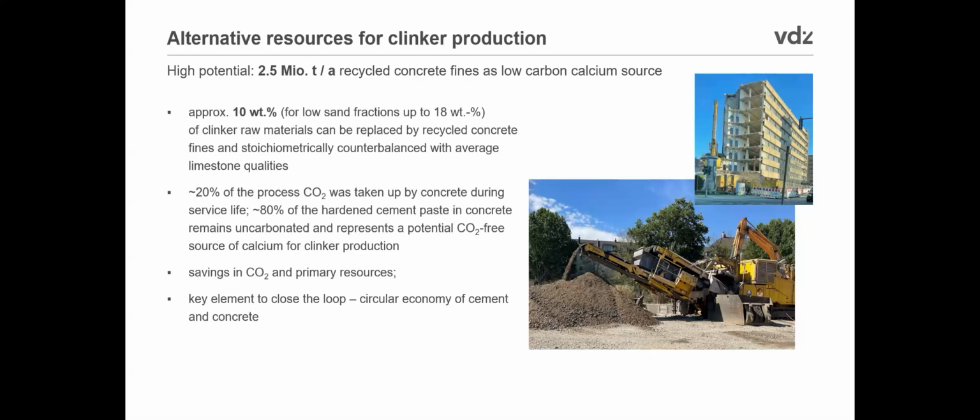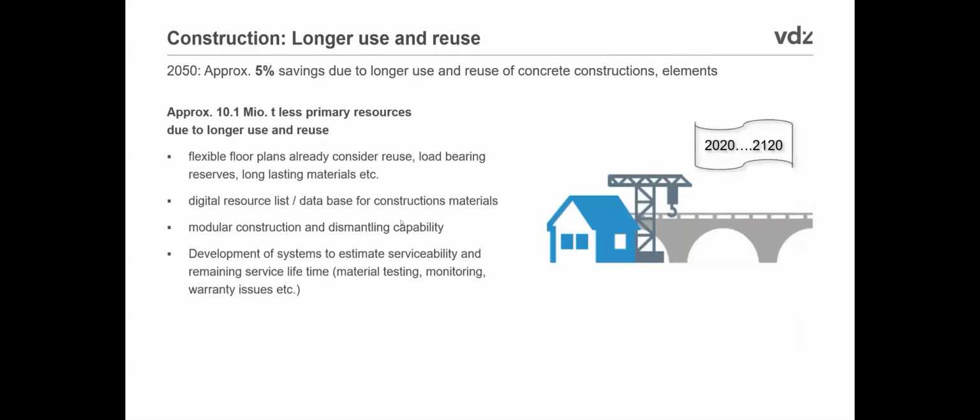This is different from CCS. It means you capture the CO2 by the recycled aggregates, and this is then reused in cement making, just as a carbonated mineral. And this is a real good contribution and saves CO2 and primary resources.